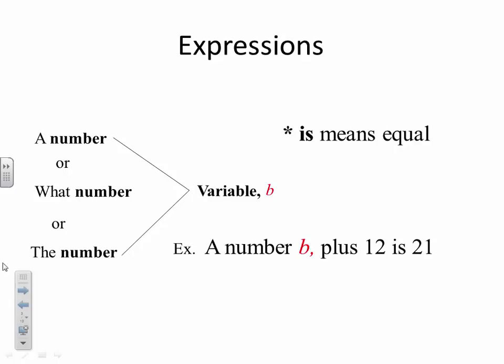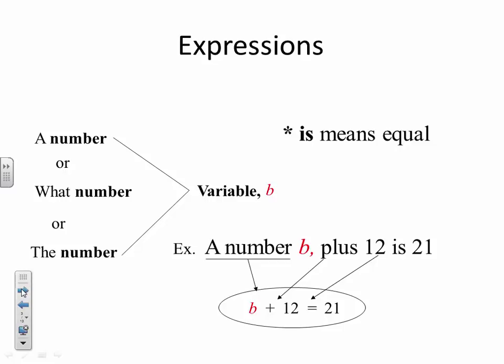We don't know what B is, so we're just going to use B. Plus 12, we understand 12. A number B plus 12, easy enough. We said is equals 21. Now this isn't an expression, this is an equation because we have an equal sign there, and I wanted to point that out. We won't always have an equal sign. We won't always have an equation. An expression is just a problem.